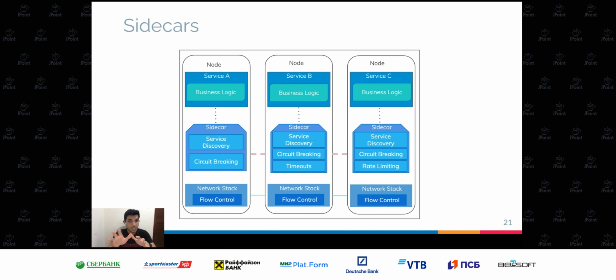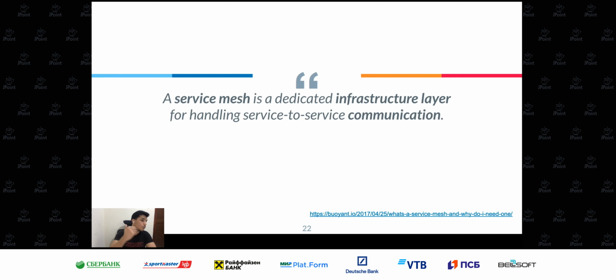Those proxies will live next to each application, and applications no longer need to have language-specific resilient libraries for things like circuit breaking, retries, timeouts, service discovery, load balancing, and so on. And this is basically how the service mesh was discovered, and how the service mesh was born.